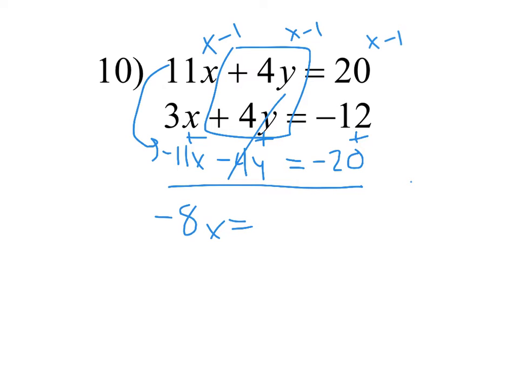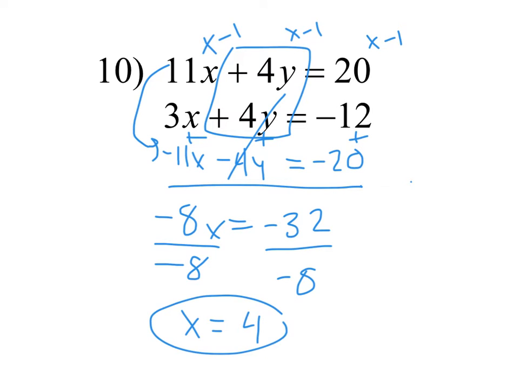They're both negative. -32. Now we divide both sides by -8. What do we get for x? 4. Because a negative divided by a negative is a positive.